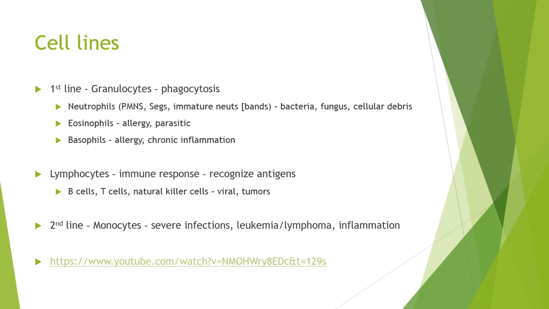So when we are looking at a CBC in clinical practice, we're looking at not just what the white blood cell count is, but we're looking at the differential. So how many segs or neutrophils is the body churning out? Immature cells called bands that have not fully grown into a grown-up neutrophil can be an indication that there's an infection going on.